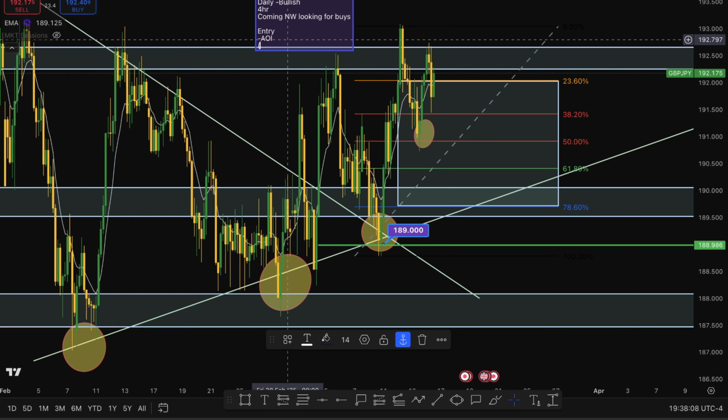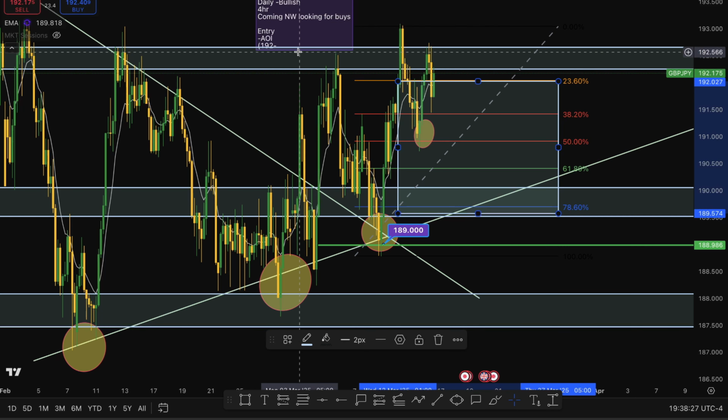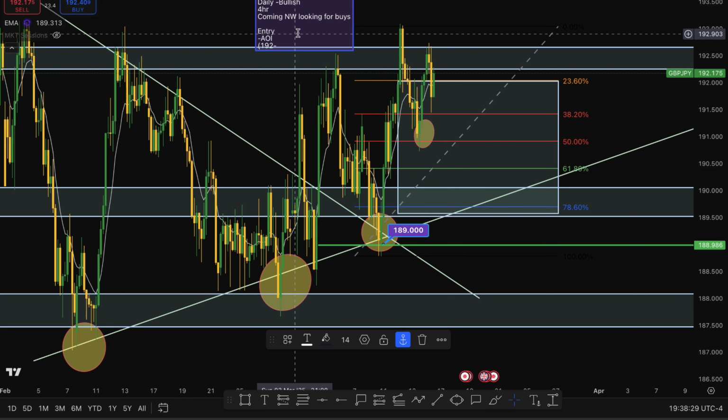My area of interest is going to be anywhere between 192 all the way down to, let me take it a little bit, it could wick into this area, let's say 189.5. If it breaks below, I'm completely out of that.